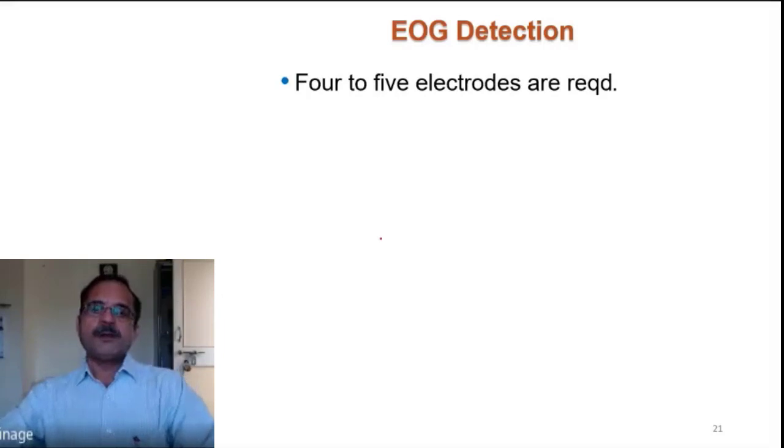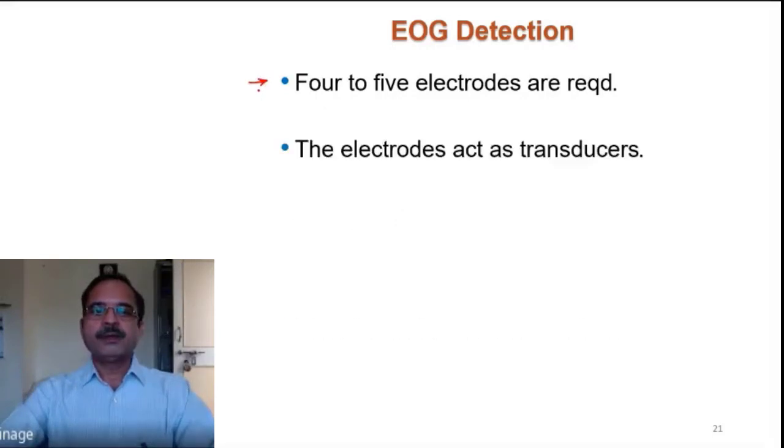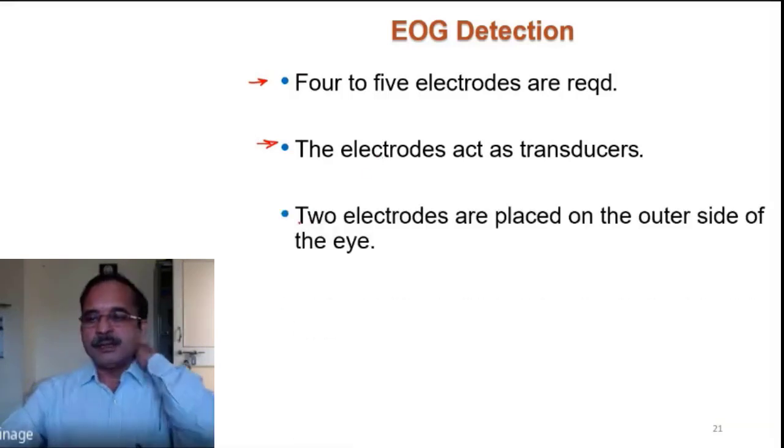For the purpose of EOG detection, as we have seen, 4 to 5 electrodes are required. The electrodes act as transducers, which convert some physical quantity into an electrical signal. That means the position or movement of the eye is converted into an electrical signal.